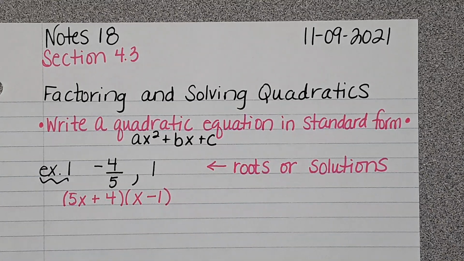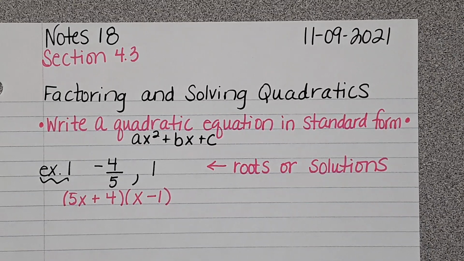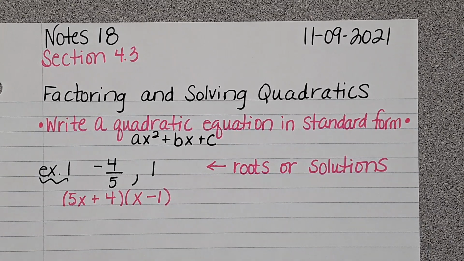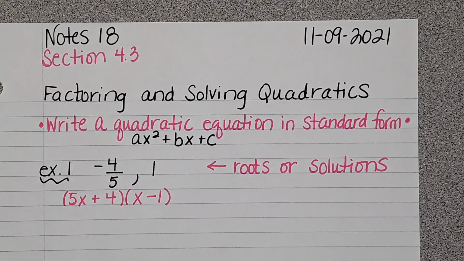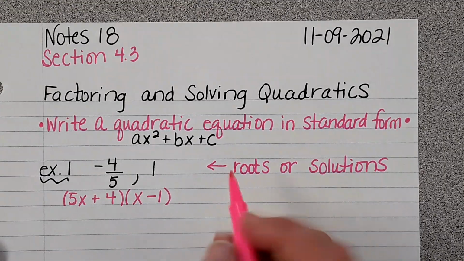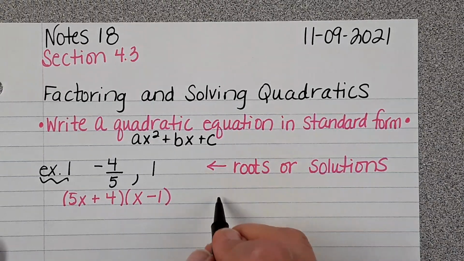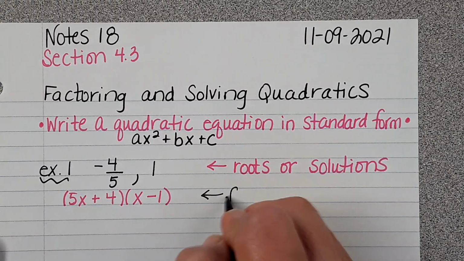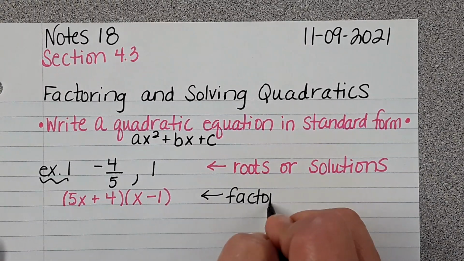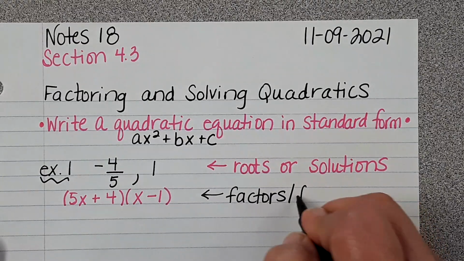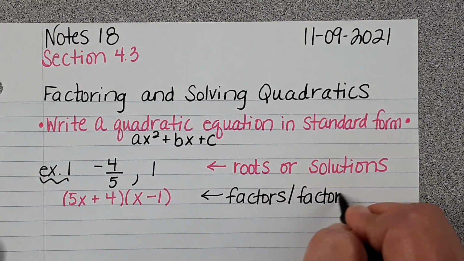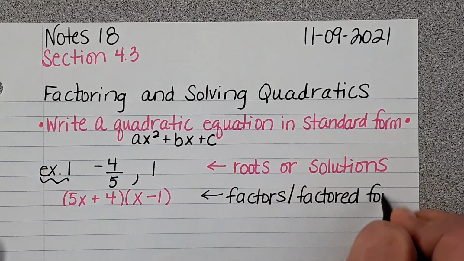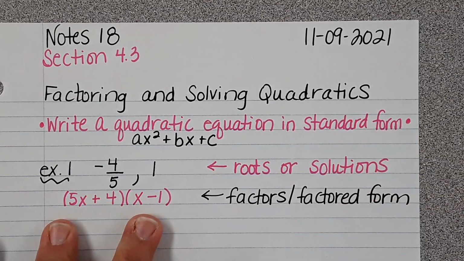So we're taking the answers and we're writing basically a problem. Okay, what was the problem that I gave you? So this right here are the factors, and it's in factored form. So if I ever ask you to write something in factored form, this is what you give me.